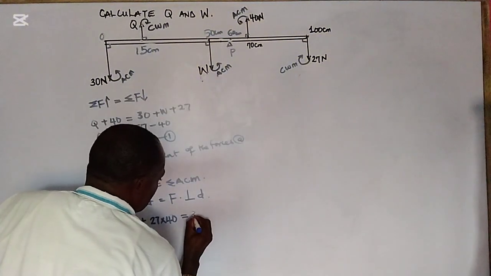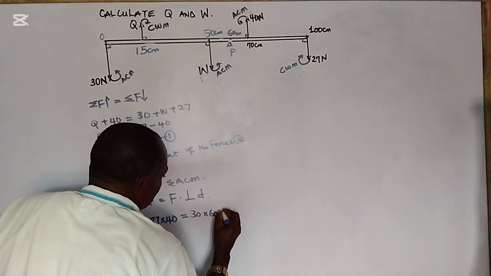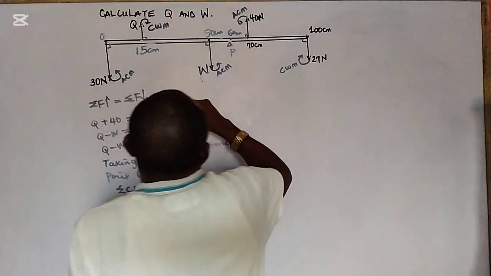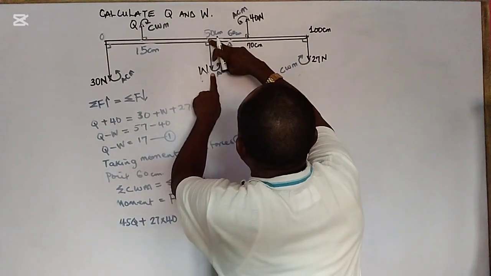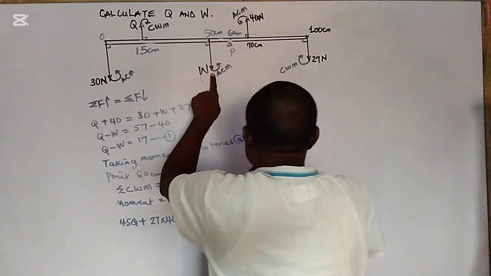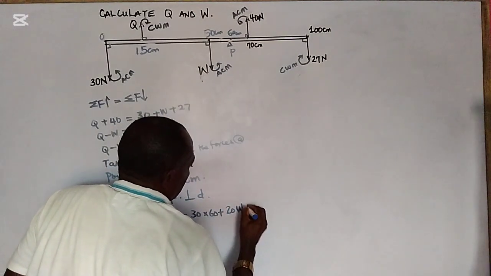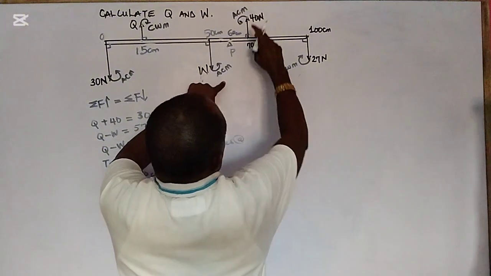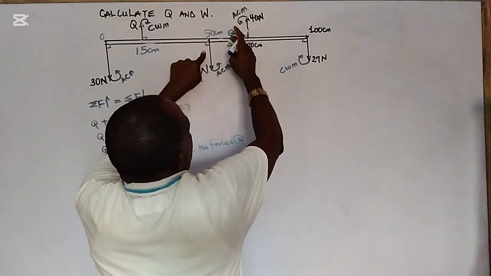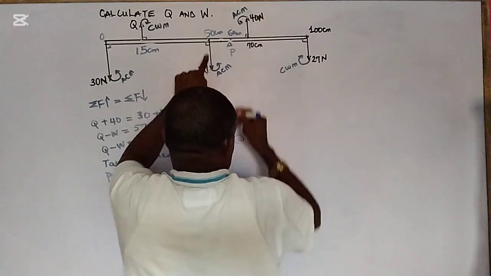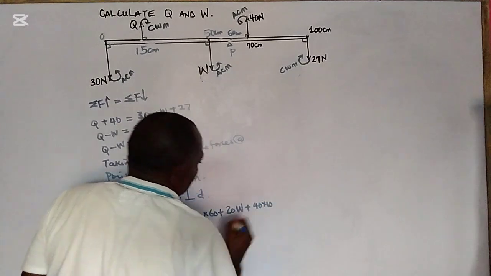So we have 30 Newton times 60, plus another anti-clockwise moment, which is this W. From 70 to 50 is 20, so 20 times W, giving 20W, plus this again is anti-clockwise. From 60 to 70, there is 10. 70 minus 60 is 10. 10 times 40, so that's simply going to give us 40 times 10.